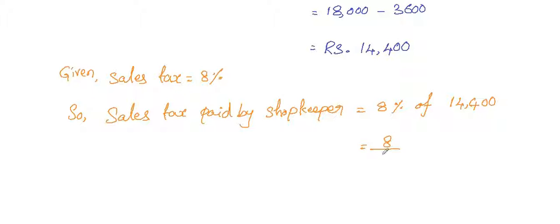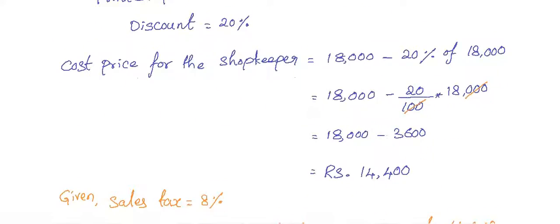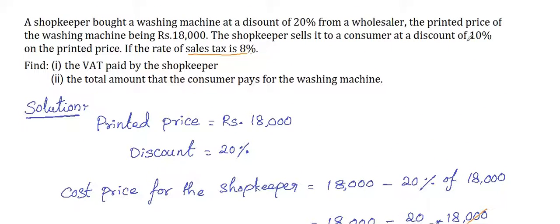So 8% means 8 by 100 into 14,400. So we'll get 8 times 144. If you multiply 8 times 144, we'll get 1,152. So this is the sales tax paid by the shopkeeper.